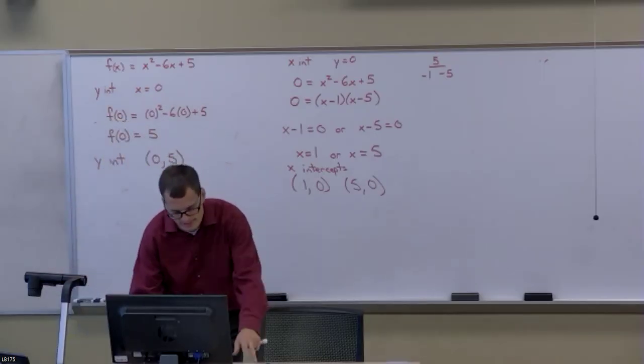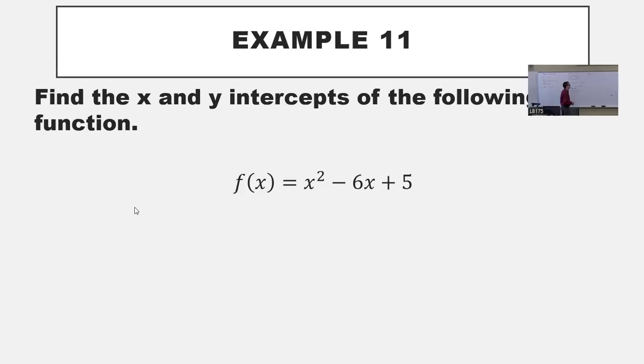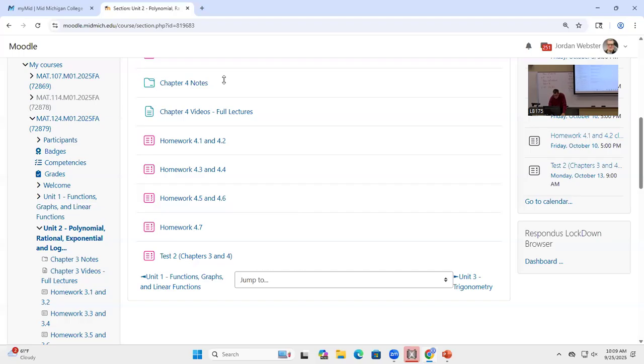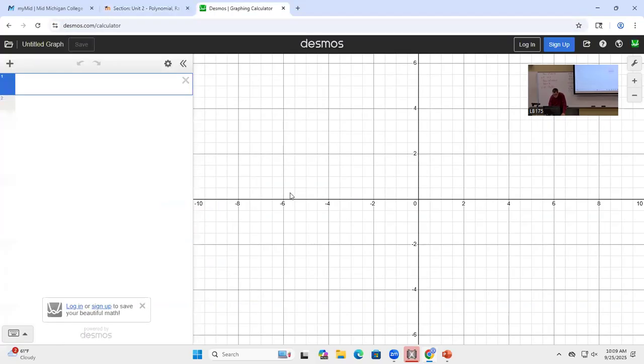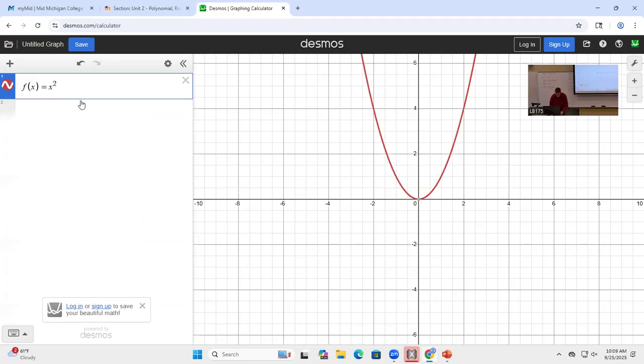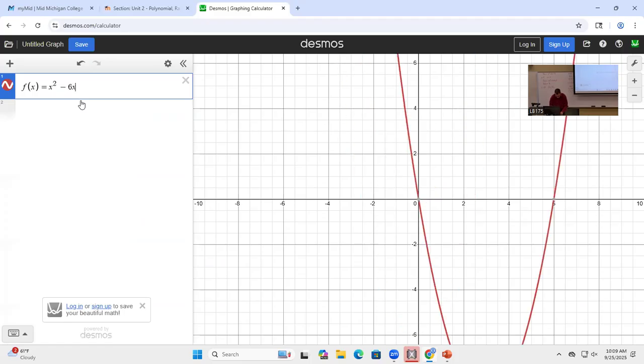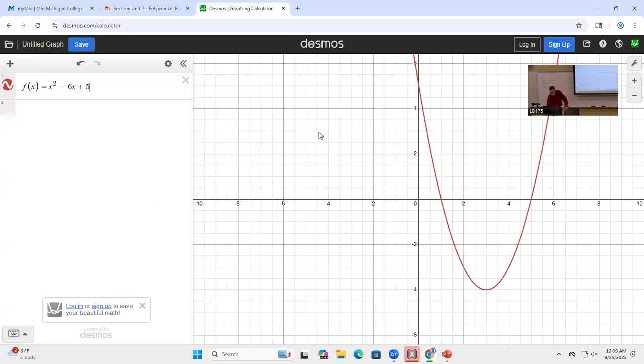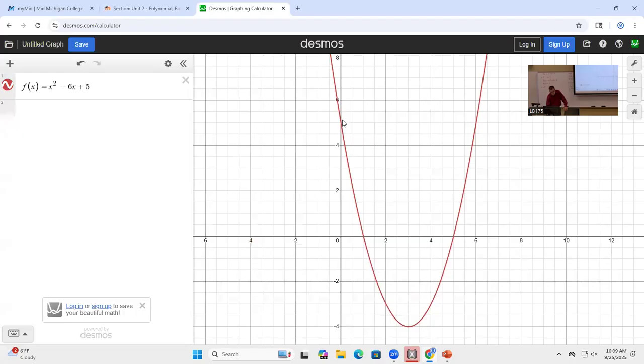Another way you can check your answers is by graphing and visually seeing that we have the right x and y intercepts. If you go to some graphing tool, I'll go to Desmos. You could also use your graphing calculator. You just graph it and you should be able to see your x and y intercepts.